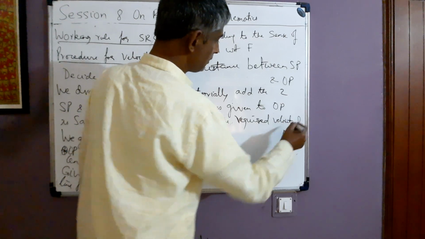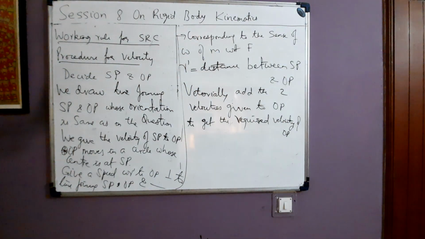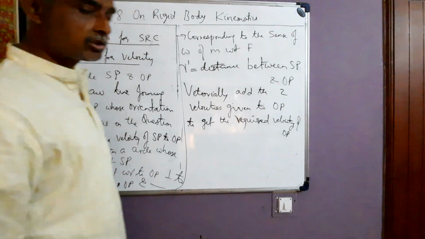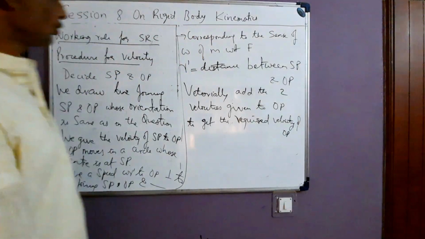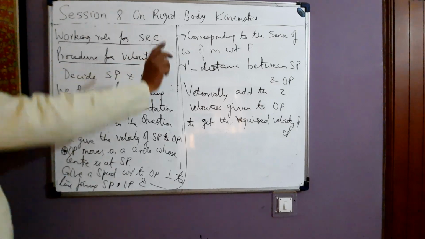So this is a 3-step procedure: selection, rotation, combination. So this is the working rule for SRC, procedure for velocity.